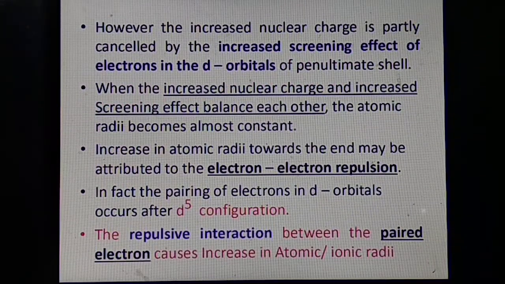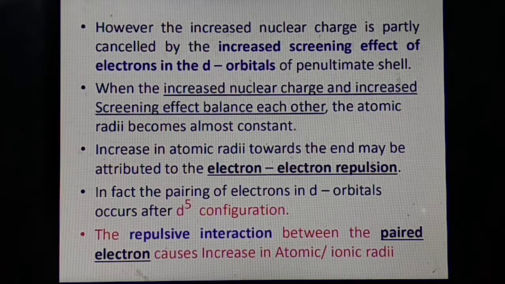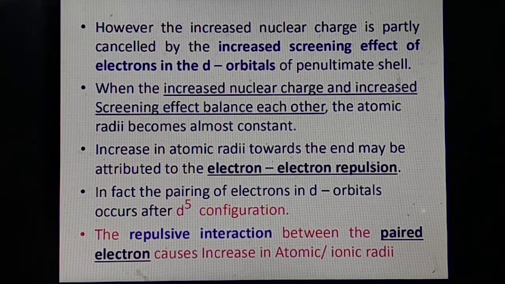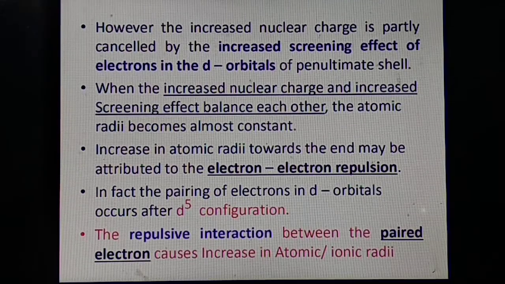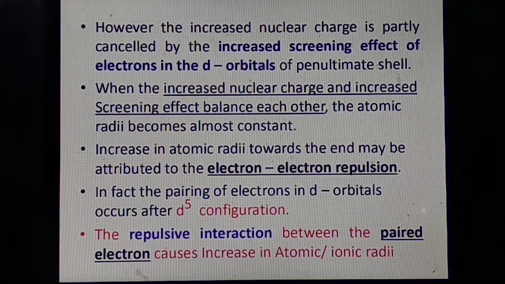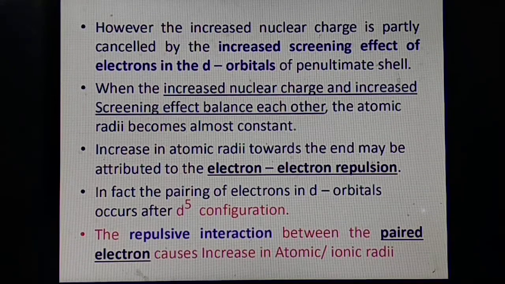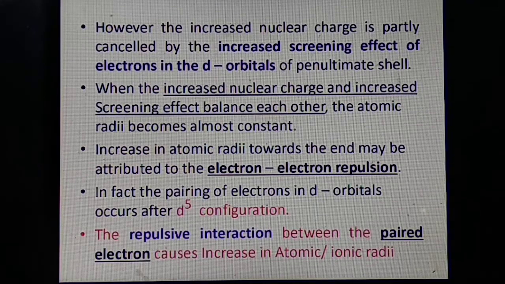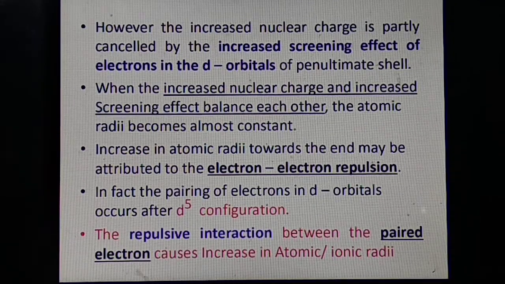Next, however, the increased nuclear charge is partly cancelled by the increased screening effect of electrons in the d orbitals of the penultimate shell. One word I have used here: penultimate shell. So, which are increasing here?